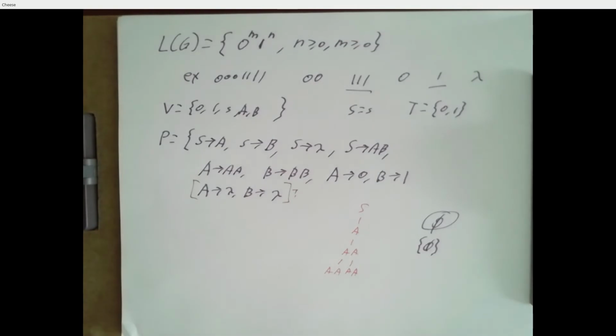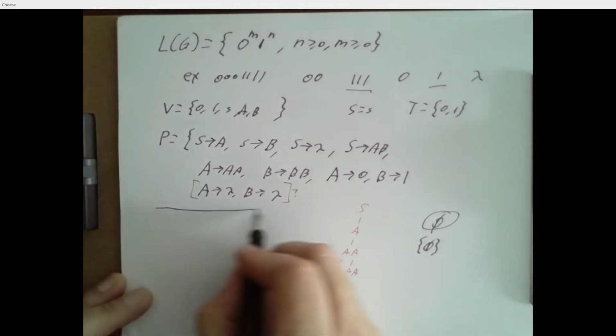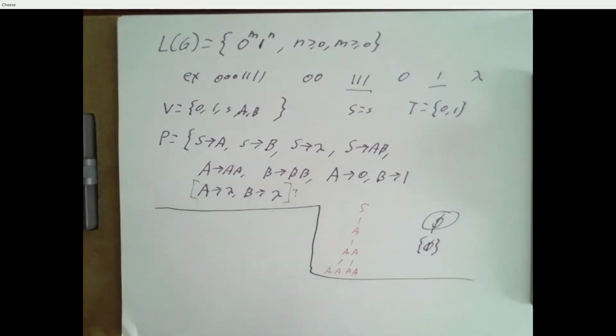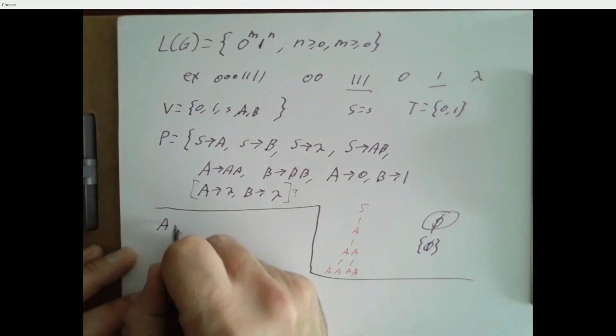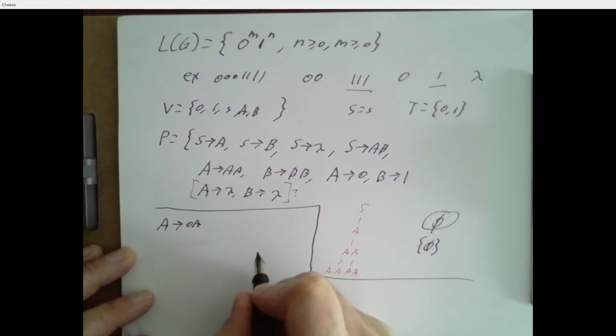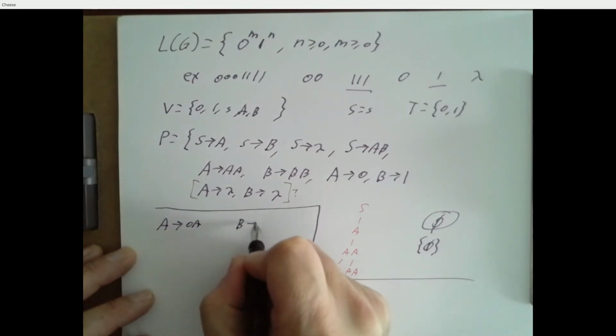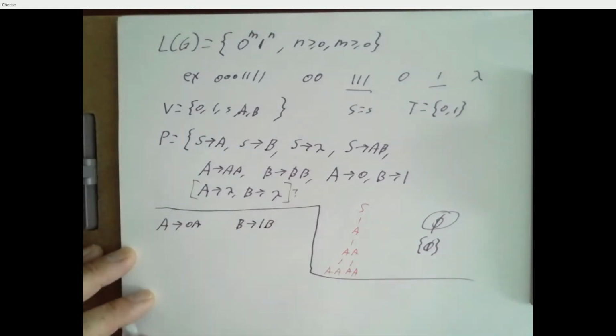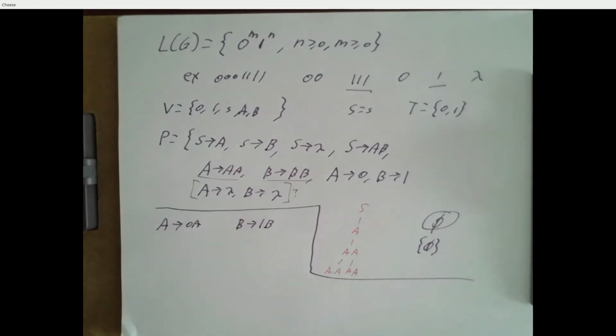And let me offer you an alternative to this, and let's compare the experiences. Suppose we say A can go to 0A, or B can go to 1B, instead of doing these. That works too. I think that works too, but it has an advantage.